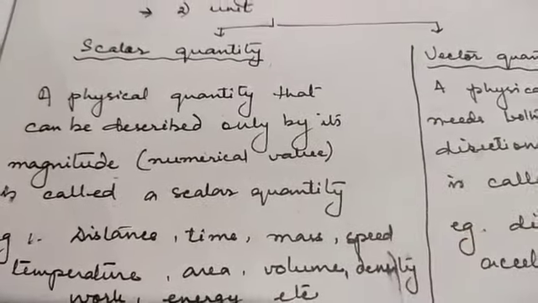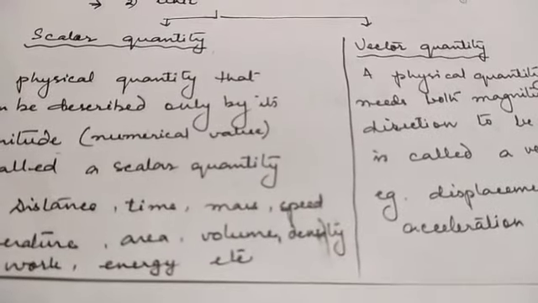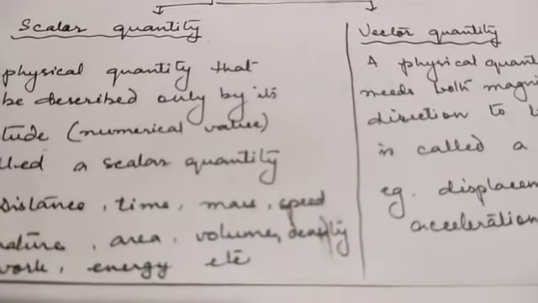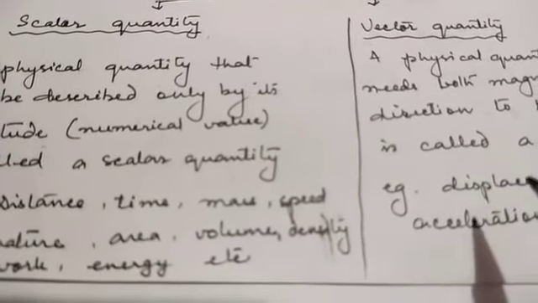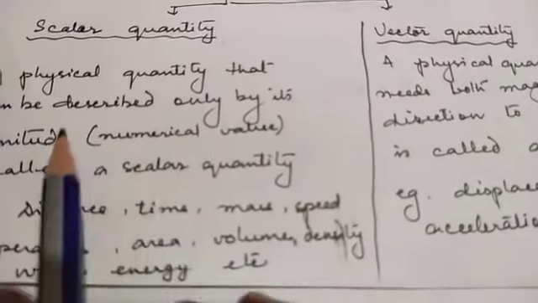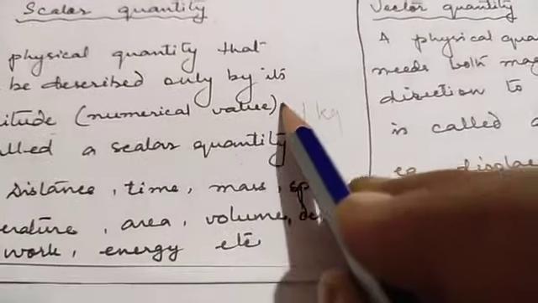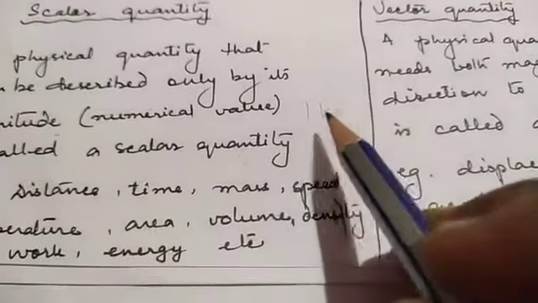If I say 1 kg, then that is an example of scalar quantity, because here when I am saying 1 kg, I am only talking about the numerical value.